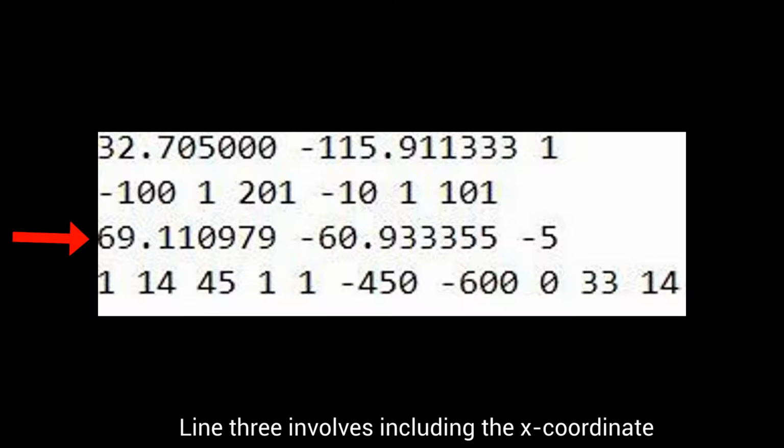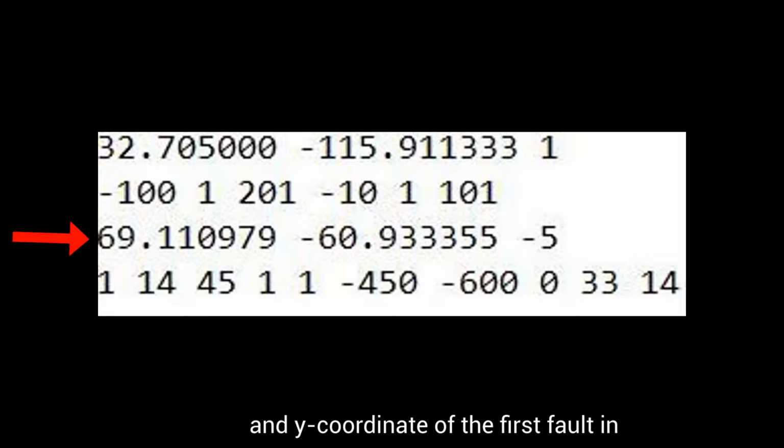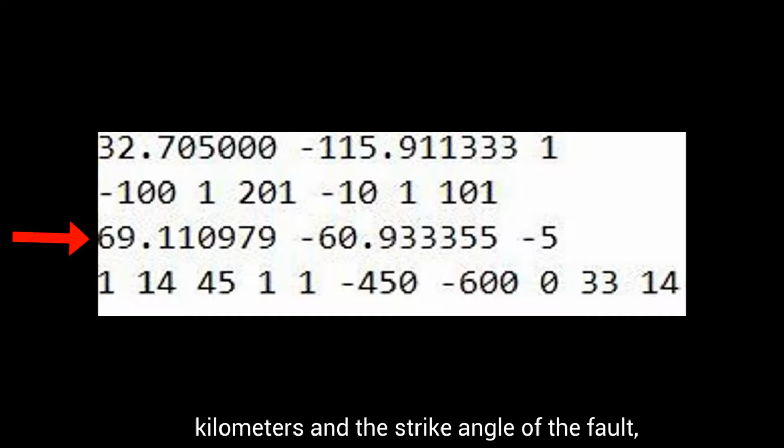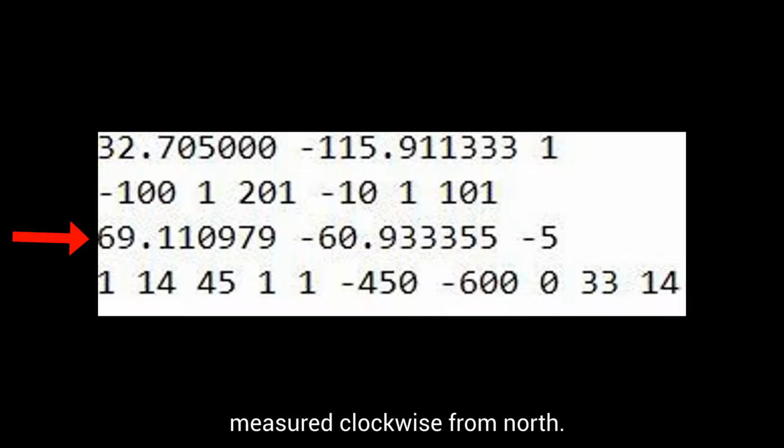Line 3 involves including the x-coordinate and y-coordinate of the first fault in kilometers and the strike angle of the fault measured clockwise from north.